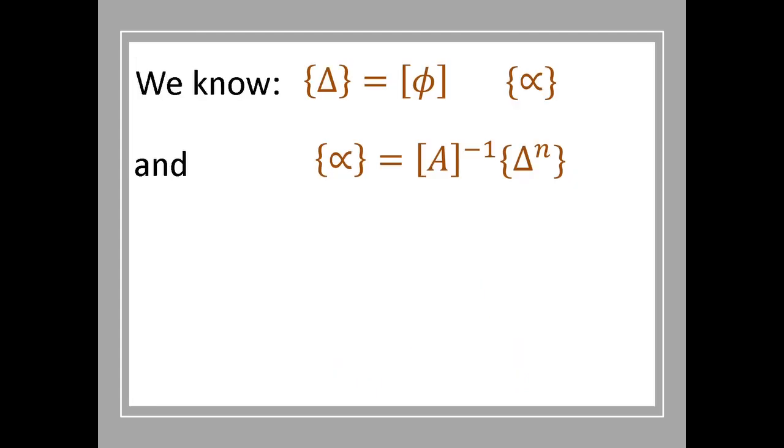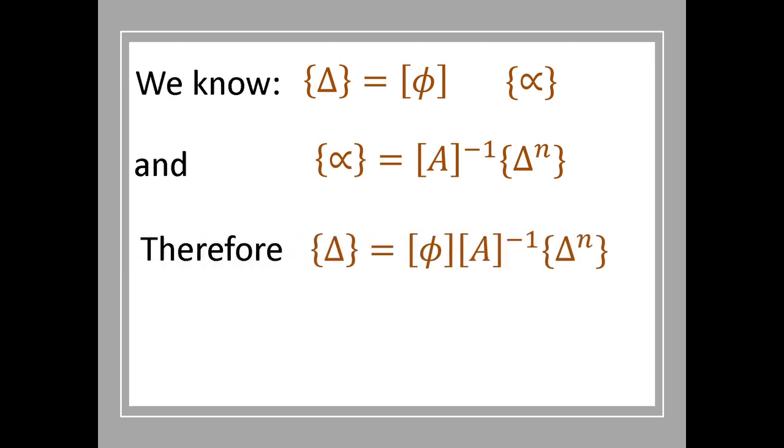We have already shown that the vector of displacements delta inside the element is expressed as the product of matrix phi and vector alpha. And vector alpha is the product of the inverse of matrix A by the nodal displacements delta n. Therefore, the vector of element displacements delta can be expressed as this product, which we'll call N, by the vector of nodal displacements delta n.